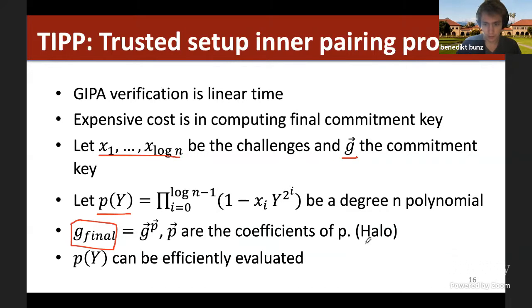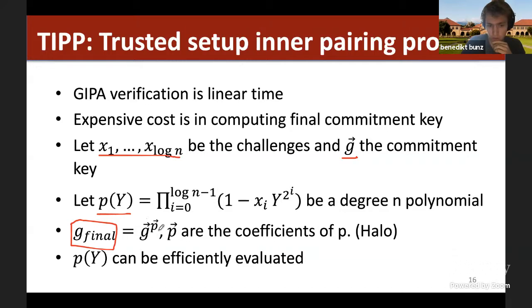This is an observation that was made by Bowe, Grigg, and Hopwood in the Halo paper. The interesting thing is that if you look closely at this polynomial P of y, it's a degree n polynomial, and if you expand it, it has n different coefficients.